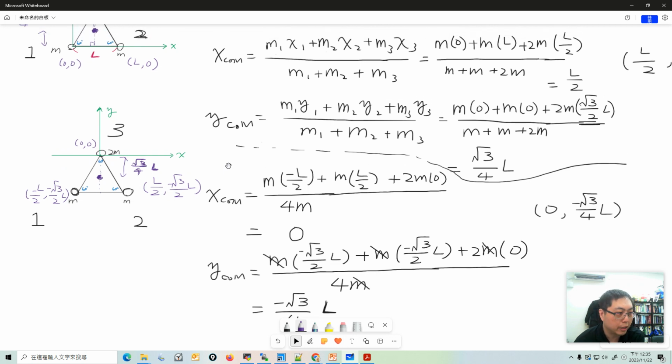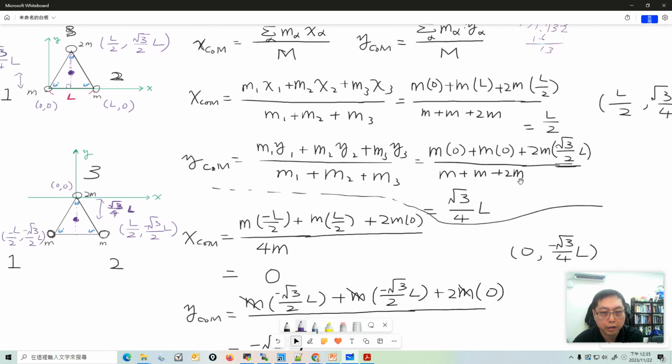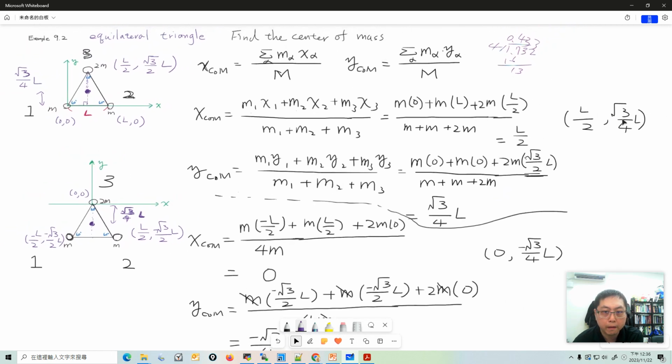You can see that the coordinate values are different. But from the system's perspective, the center of mass is right in the middle of this triangle.